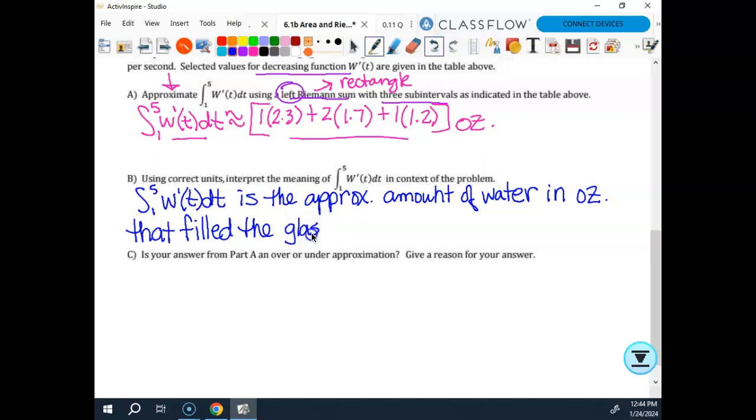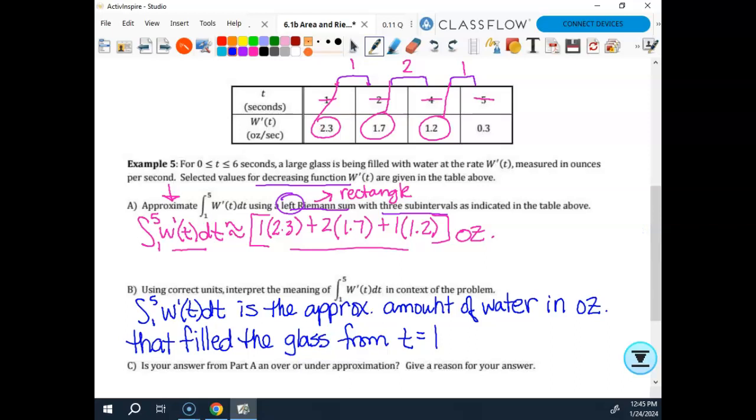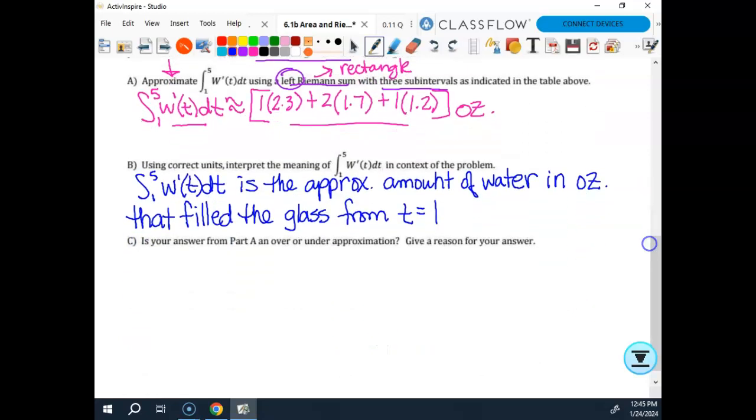Good. Glass from t equals what? 1. So look, from 0 to 6 seconds, it was when we're filling the glass, but they gave us from 1 to 5. That's what we were approximating, right? From t equals 1 to t equals 5 seconds.